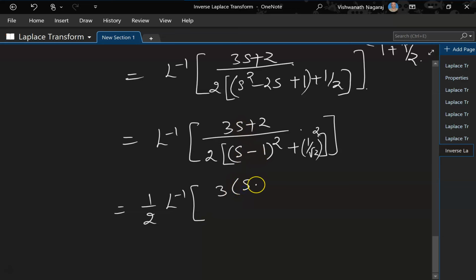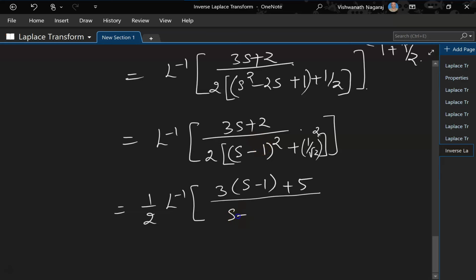So let's make it as s minus 1. But now if we multiply it out, we get 3s, perfectly fine, minus 3. But we need to balance it; we should end up with plus 2. So minus 3 plus 5 will give us plus 2. So the net effect is nil. 3s minus 3 plus 5 is plus 2.